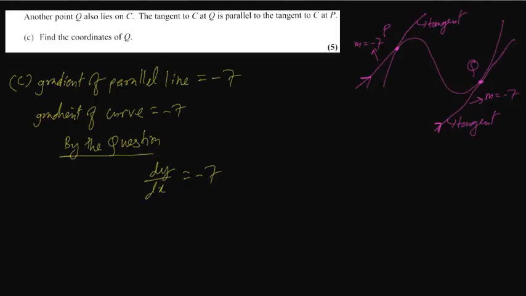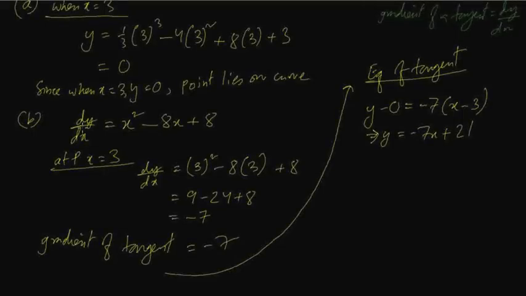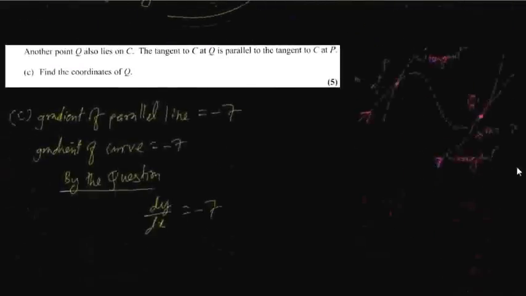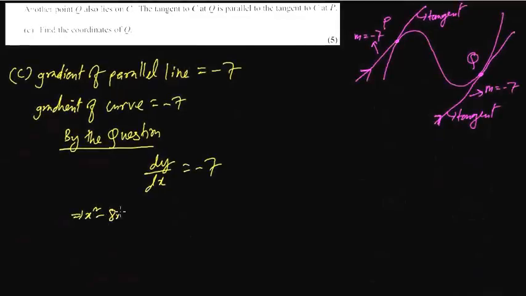So let's take a look at the derivative. What is dy by dx? dy by dx is x squared minus 8x plus 8. So this is x squared minus 8x plus 8 equals minus 7. So this would be x squared minus 8x, 8 plus 7 is 15. So middle term break, 5 threes are 15.